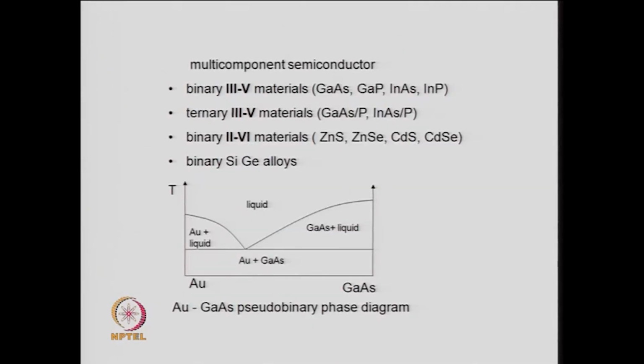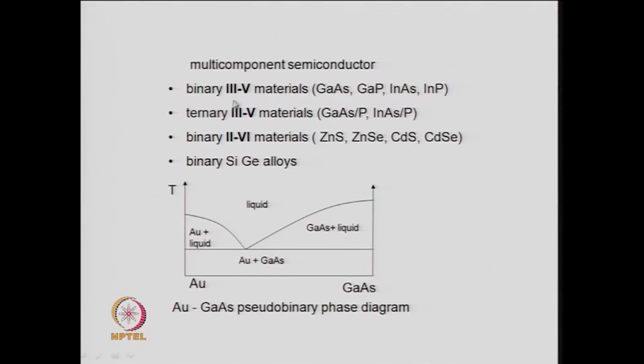So, many of these kinds of nanowires have been grown, and again as we discussed, phase diagrams play a very important role in the VLS mediated growth of nanowires, because you have this liquid phase interacting with the solid phase. This is a gold gallium arsenide pseudo binary phase diagram, where you will have this gold droplet in which gallium arsenide vapors will dissolve and form gallium arsenide nanowires.